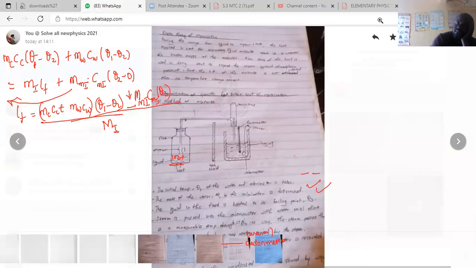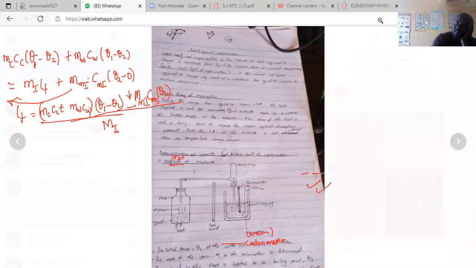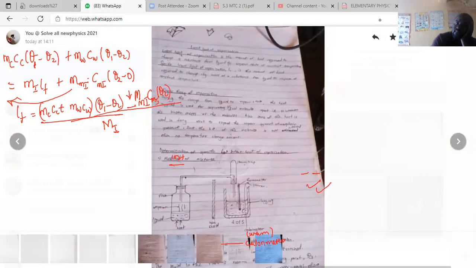Teacher, I have a question. Go ahead. Why are you saying it is equal to mi LF plus mi ci (θ2 minus θ1)? Isn't it supposed to be mi LF only?